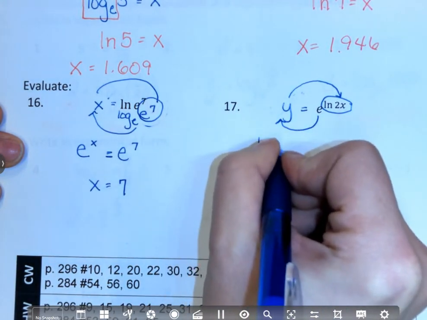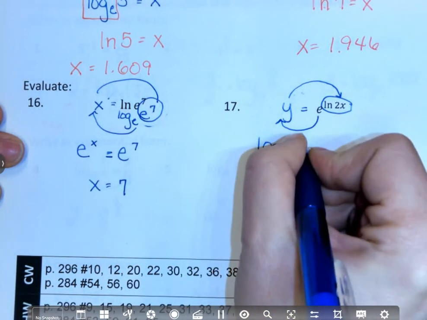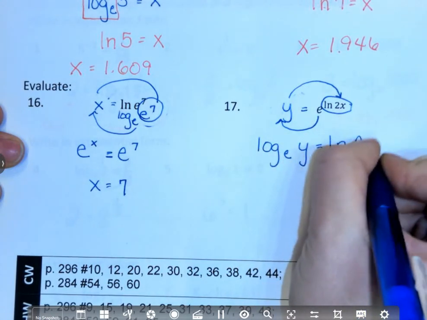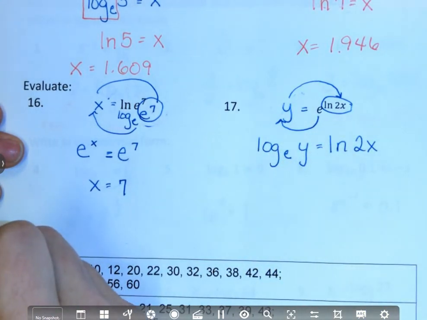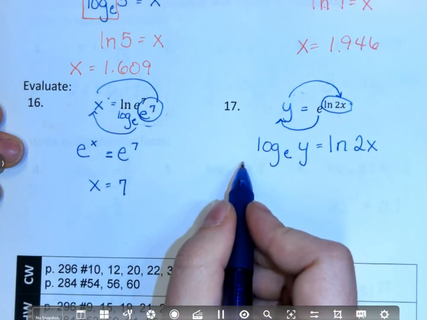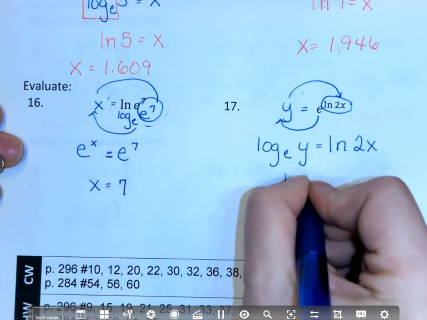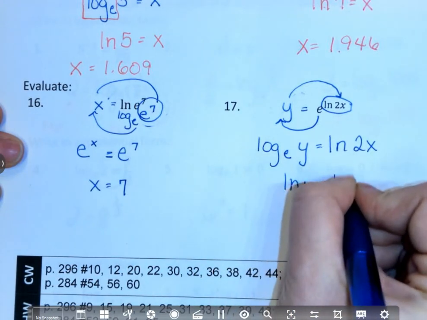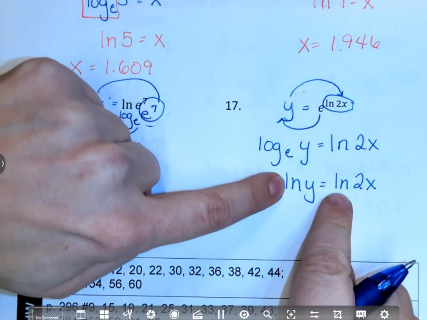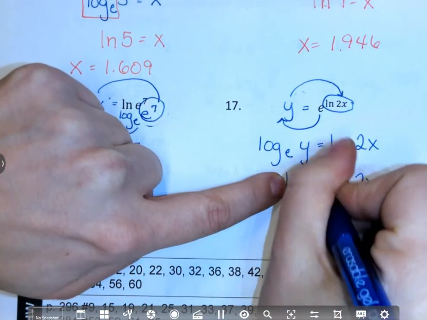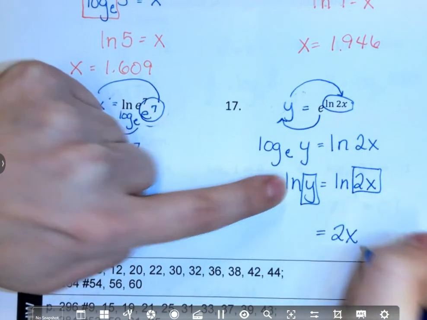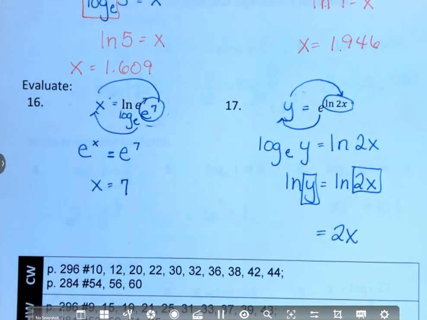So log base e of y equals ln of 2x. What's another way of writing log base e? ln. If these parts match, those parts match also. And your answer is just 2x.